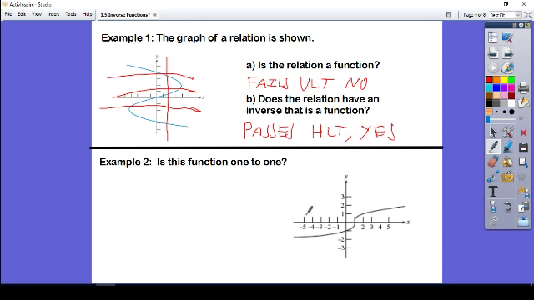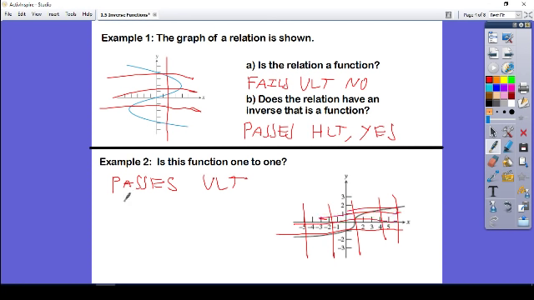Is this function one-to-one? Well, it passes the vertical line test, but it's also going to pass the horizontal line test. So that means that the function is one-to-one.